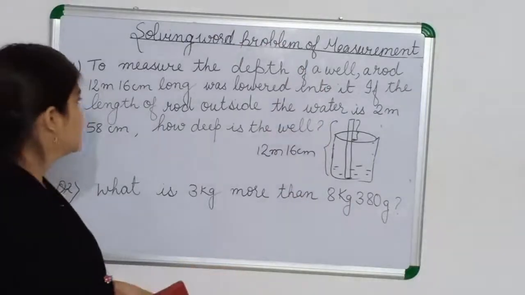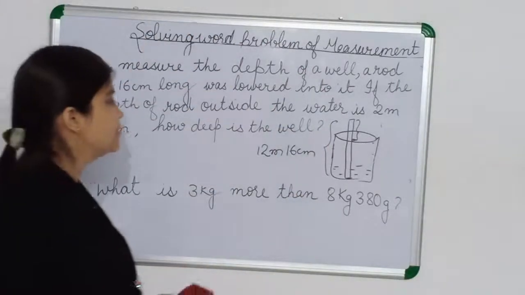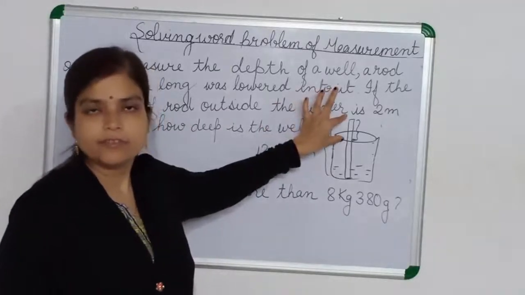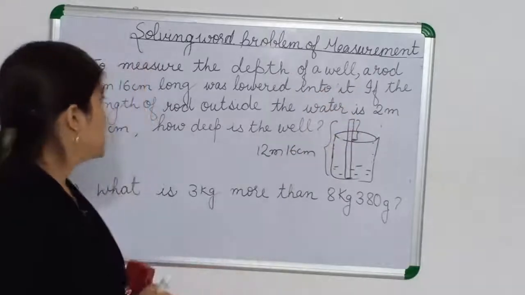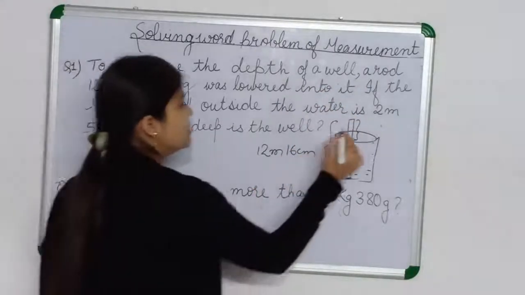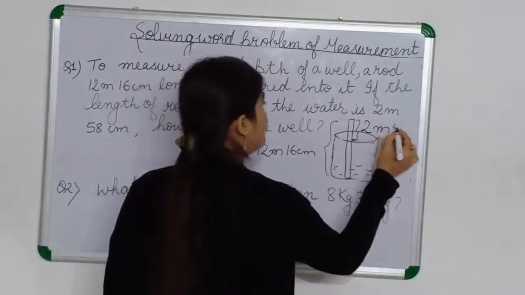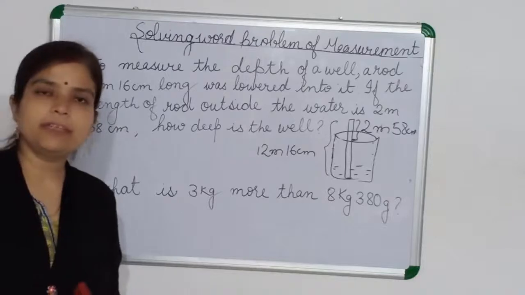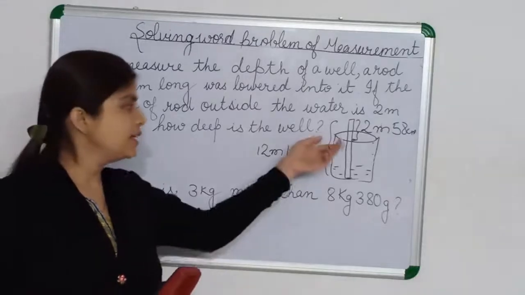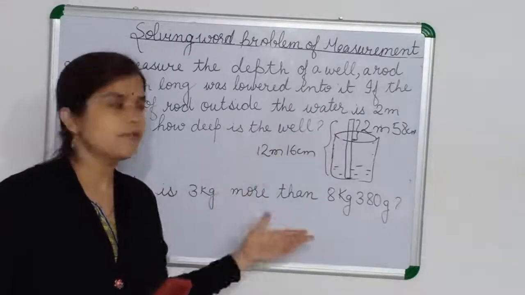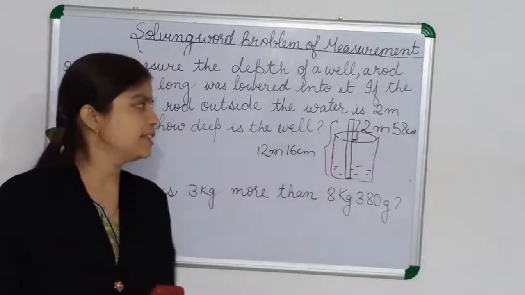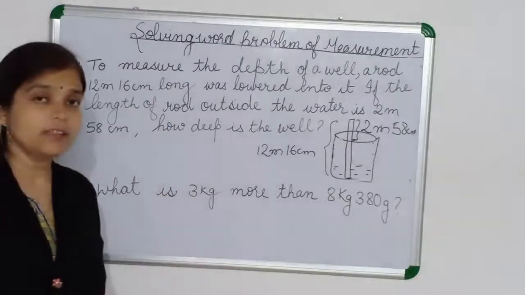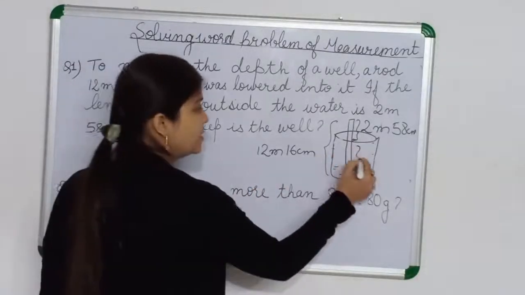Now we can measure this length outside of the well with the measuring tape, and it is found that it is 2 meter 58 centimeter. Okay. Total length is 12 meter 16 centimeter, and the length which is outside of the water is 2 meter 58 centimeter. Now can you find the depth of the well? This only we have to find now.